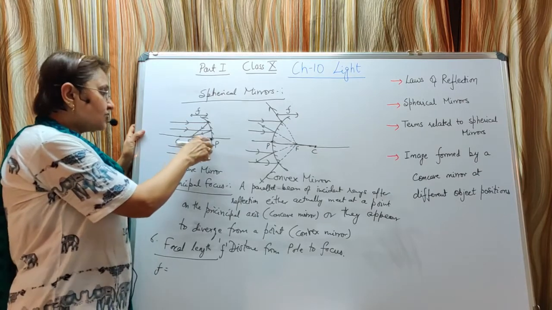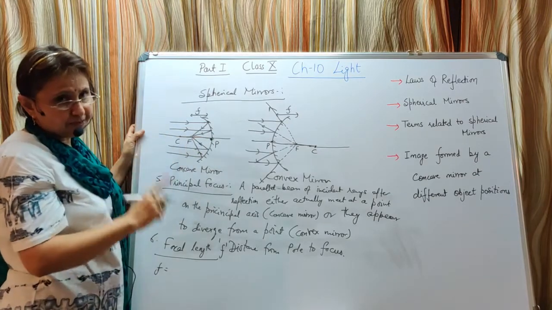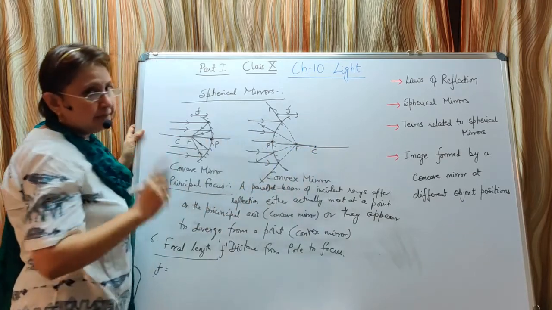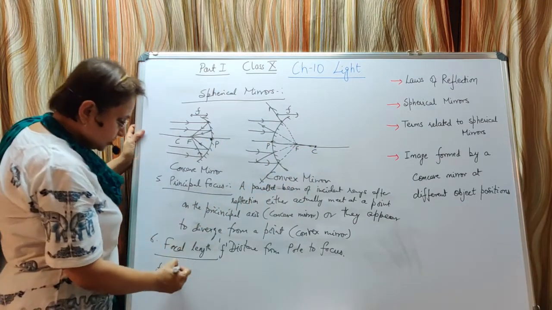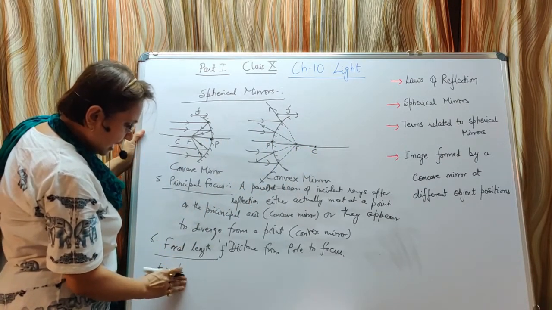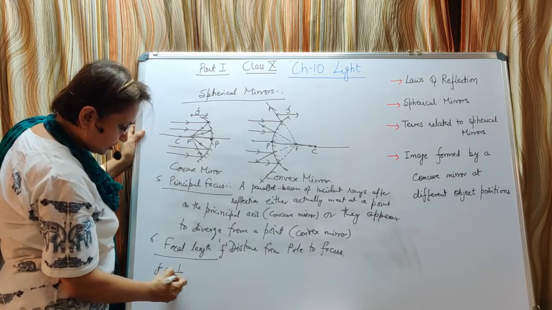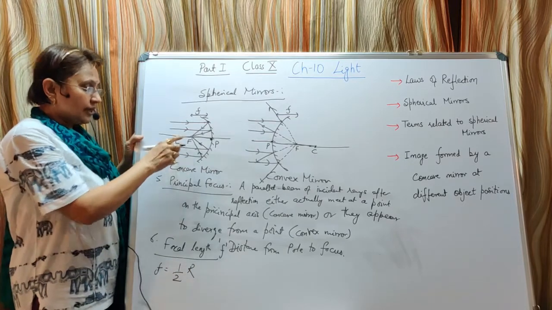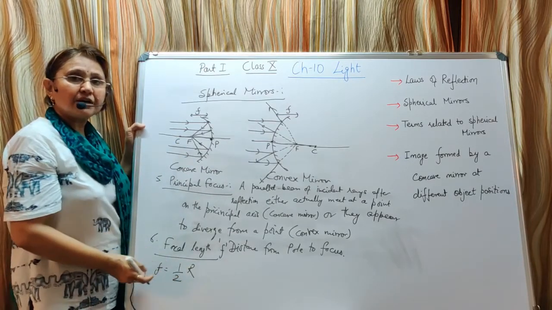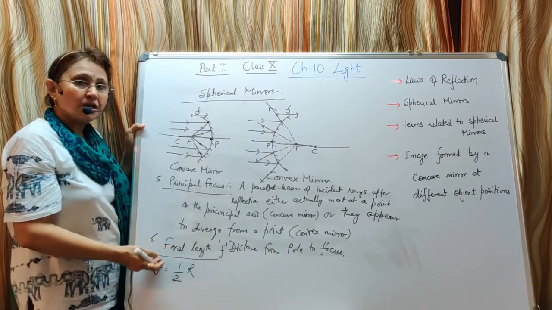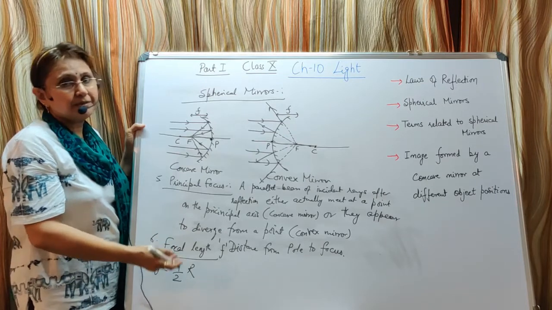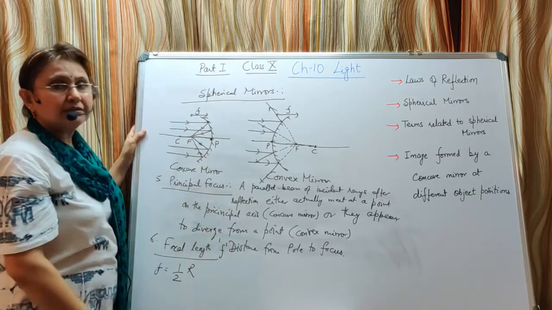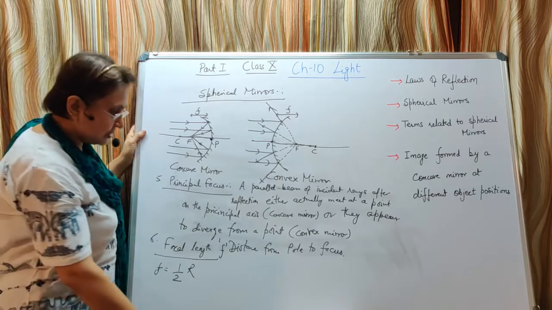Because this focus will be the midpoint of P and C. In both the cases you can see that F will be the midpoint of P and C. So if a concave mirror has a radius of curvature of 20 centimeters, what will be its focal length? It will be half of it, that is 10 centimeters. So focal length is half of radius of curvature.